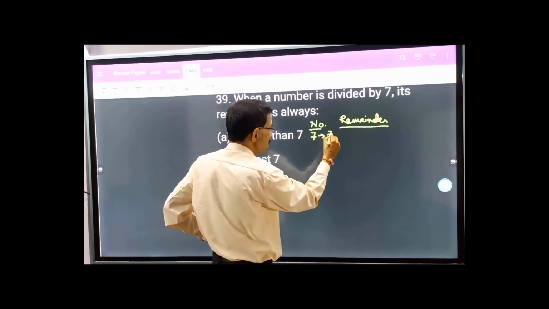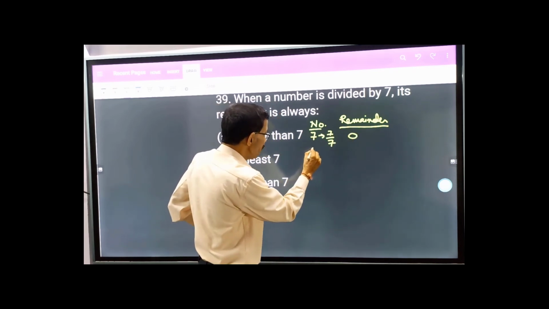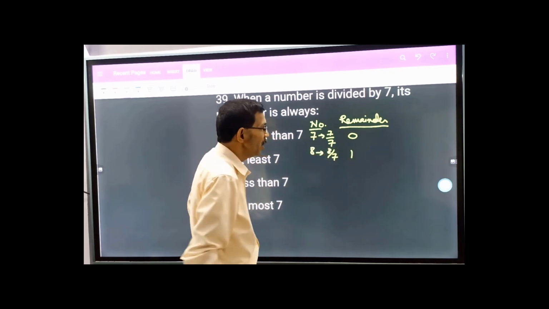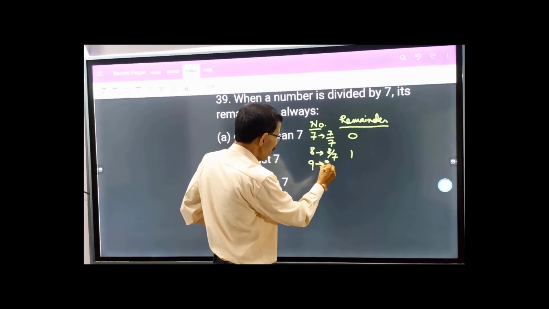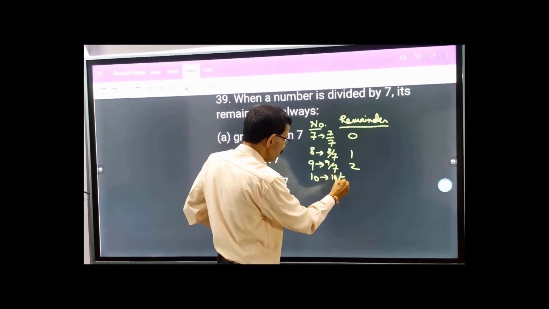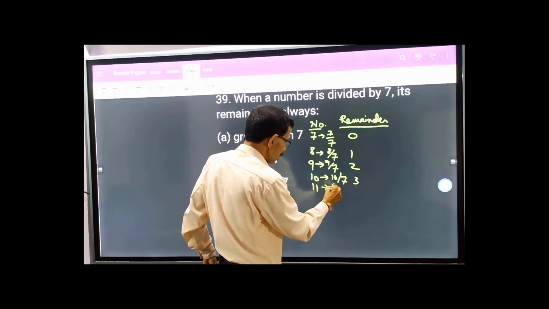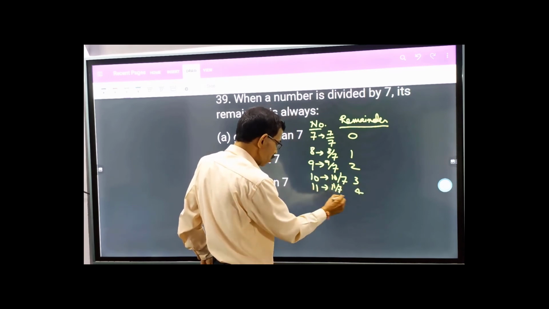So 7 by 7 will give you remainder as 0. Then I will take 8. 8 by 7 will leave remainder 1. Then 9, 9 by 7 remainder 2. 10, 10 by 7 remainder 3. 11, 11 by 7 remainder 4, and so on.